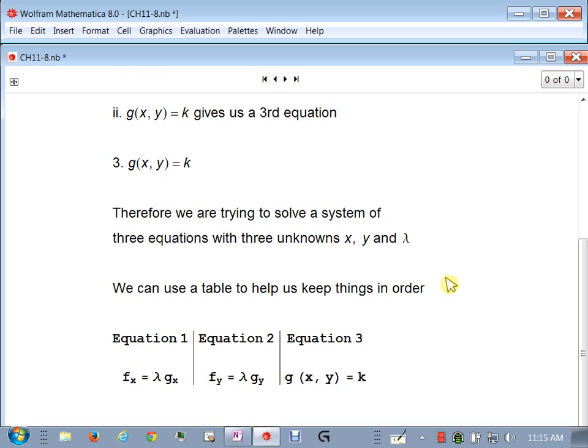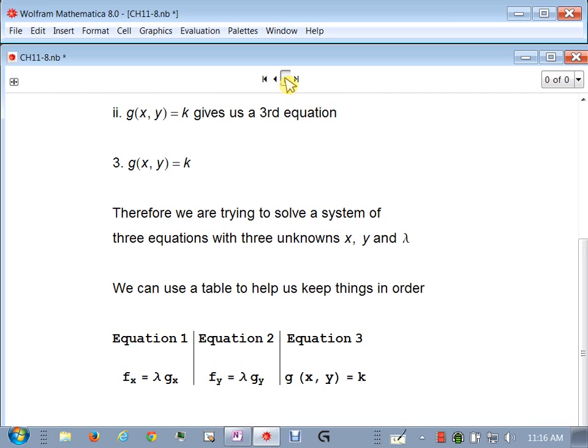Then this method is just the edge. That circle was like the edge of a closed bounded set, but it's just the edge, not the stuff inside. Does that make sense? So that has to be given in the problem. I have to tell you what the constraint is. I can't just give you a function and ask for its max and min without the constraint and expect you to use Lagrange. It wouldn't work.